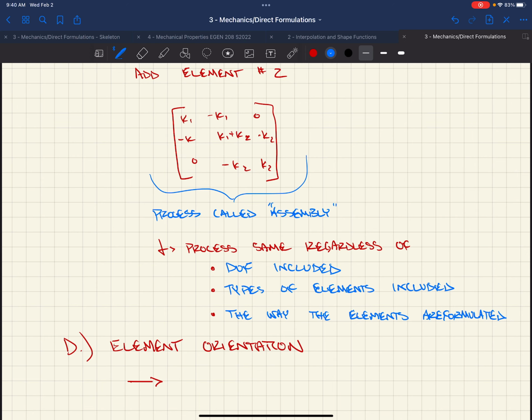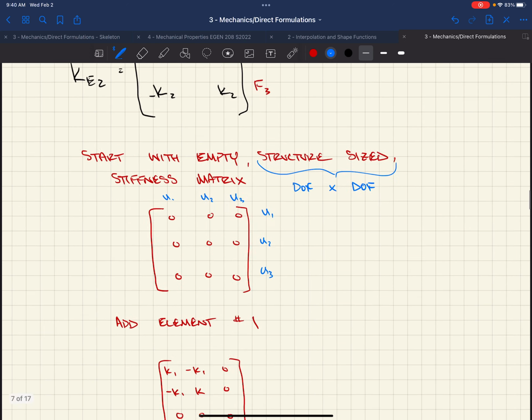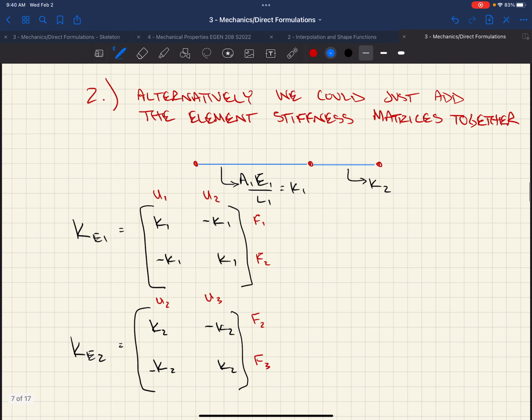It might not be a linear bar. It might vary non-linearly. And so this matrix for one element is going to be different than the second element, but you can still add them together in assembly.